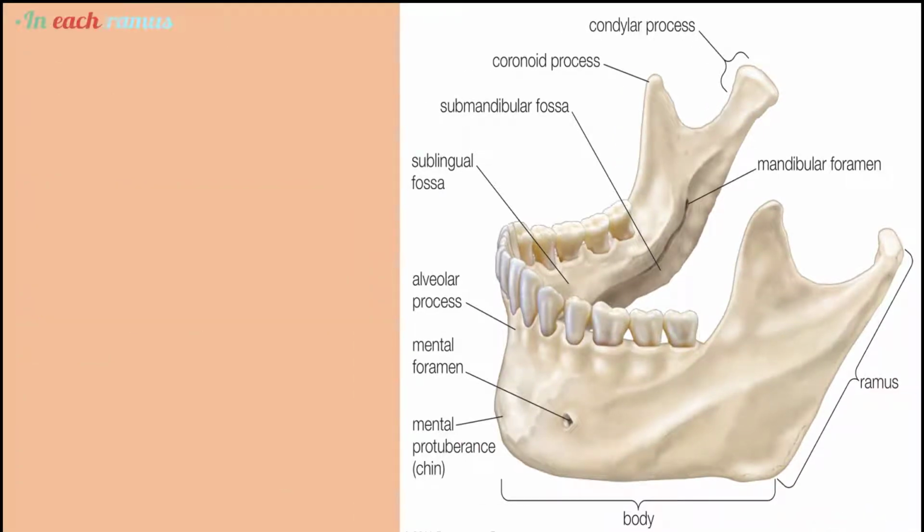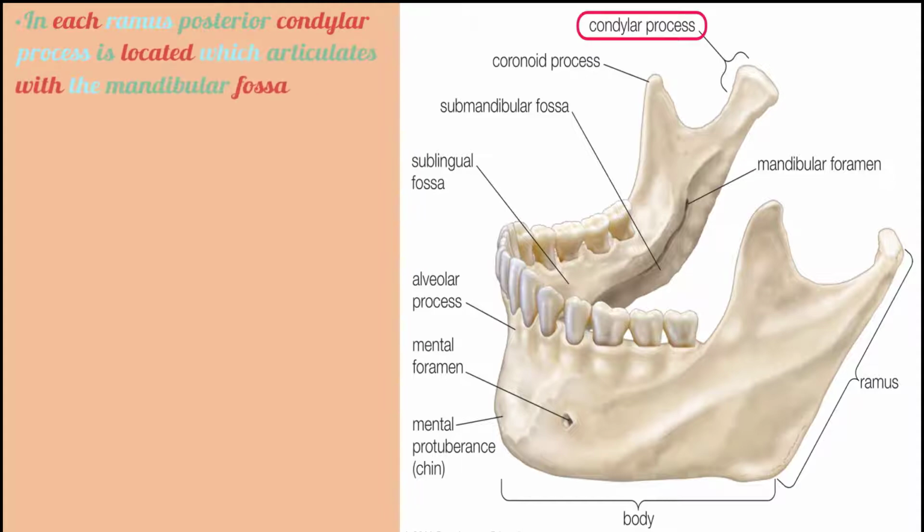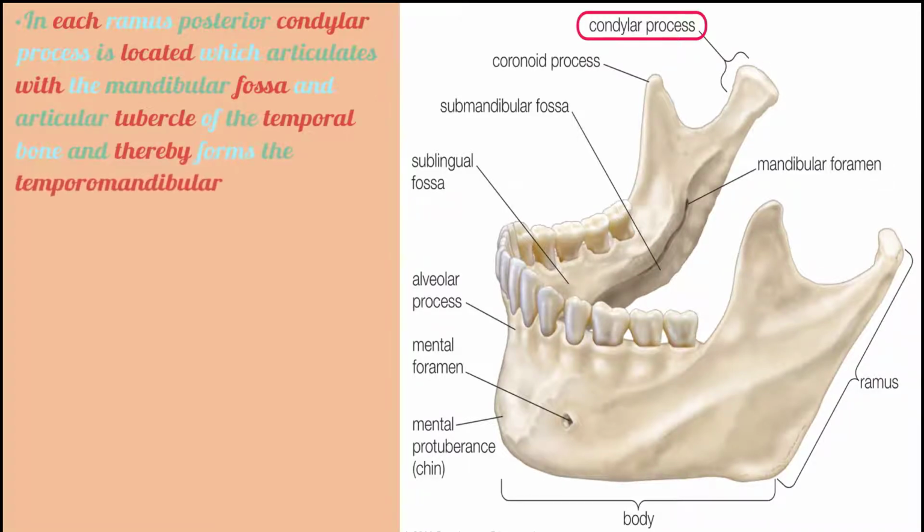In each ramus, the posterior condylar process is located, which articulates with the mandibular fossa and articular tubercle of the temporal bone and thereby forms the temporomandibular joint.